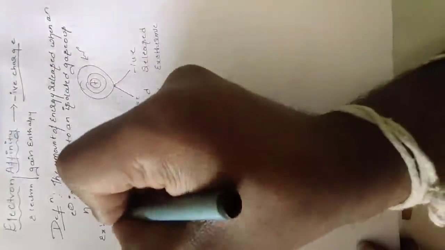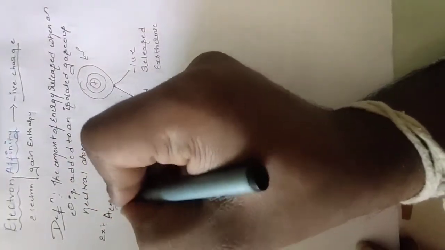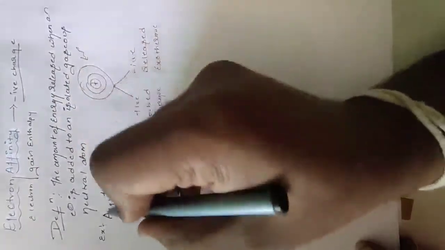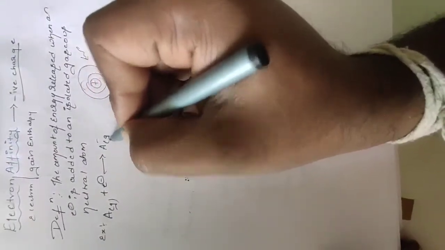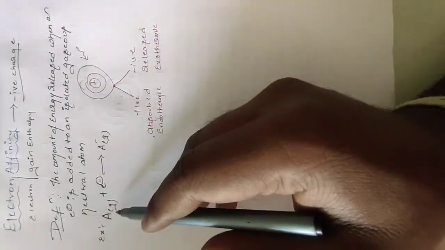Let us take an example. Take any gaseous atom; if an electron is added to the atom, it commonly shows a negative sign, gaining of electrons. Another example is chlorine.